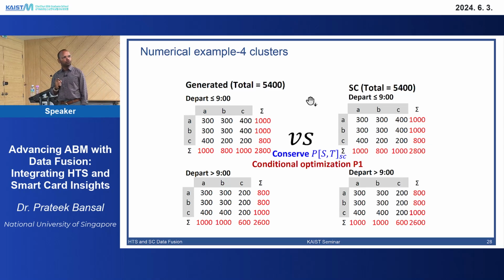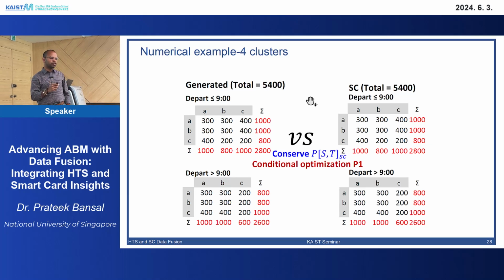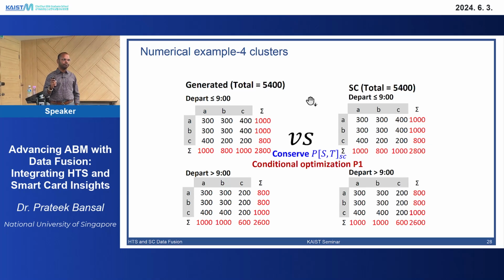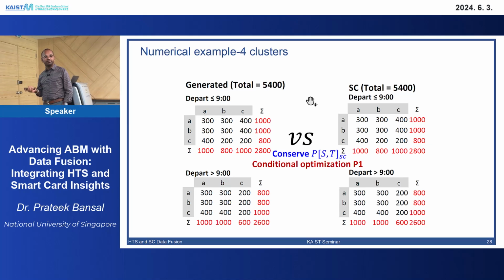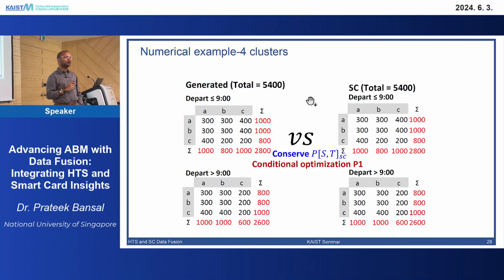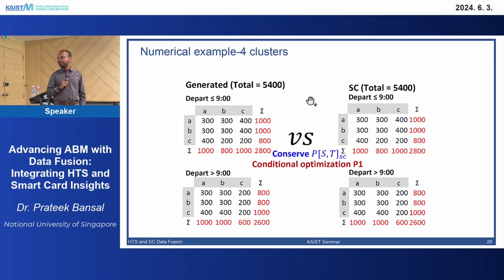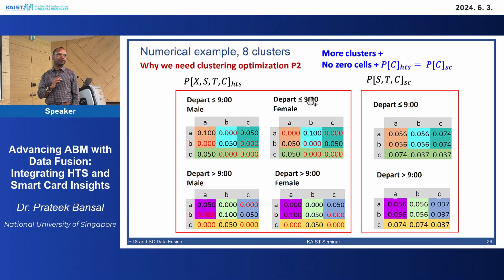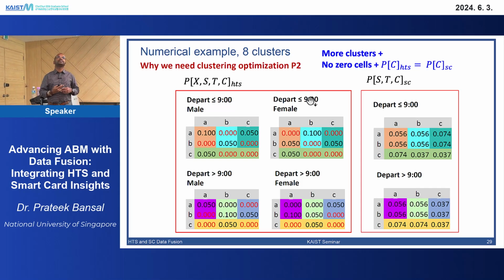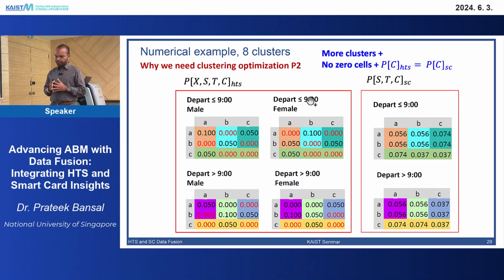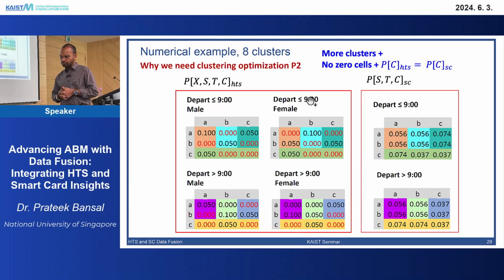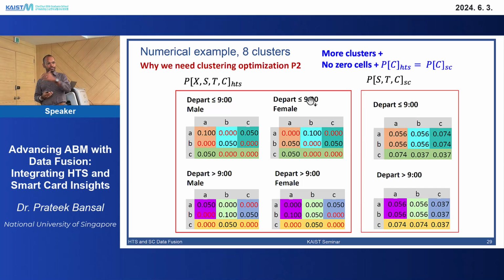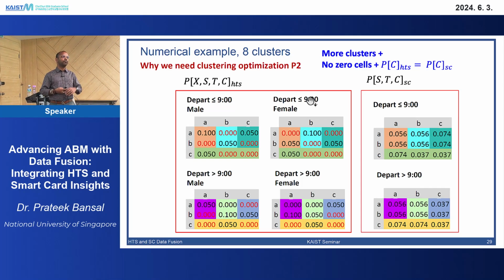Okay, so to maintain the distributions of the space and time stamps observed in the SC data, we do need the optimization to be solved. Now, the second part, which is even more important, is the clustering part, right? So just to make it clear, when we are solving the optimization problem conditional on the clusters, we are maintaining the smart card constraints.